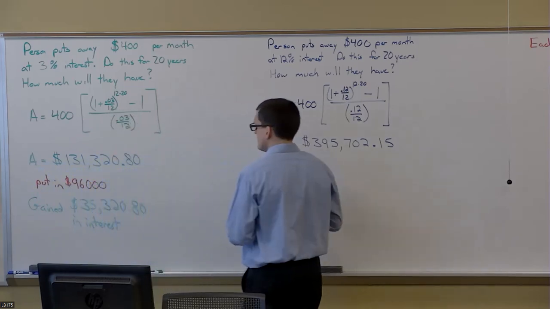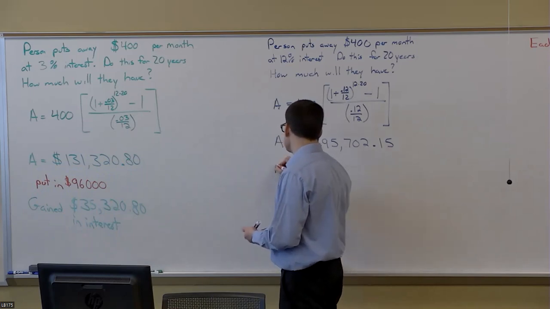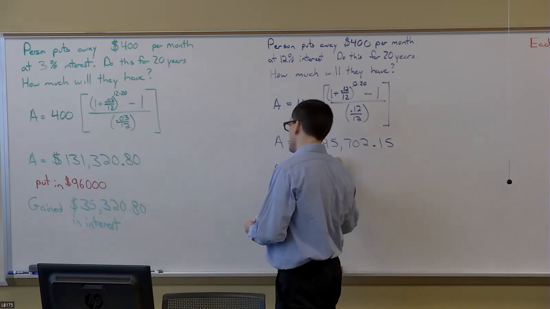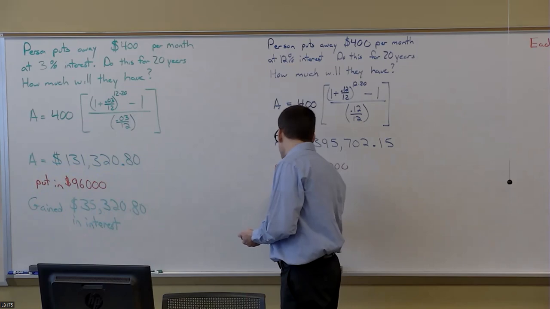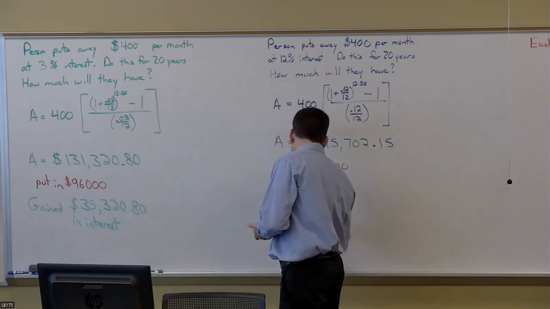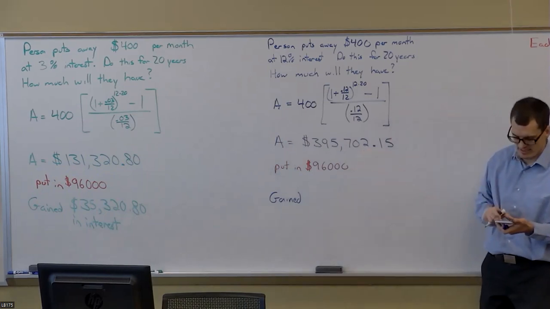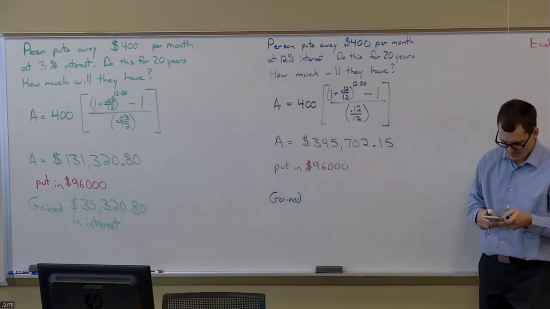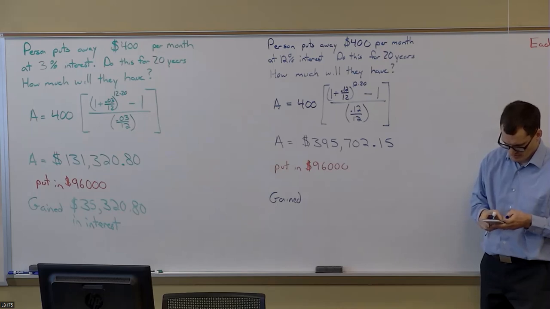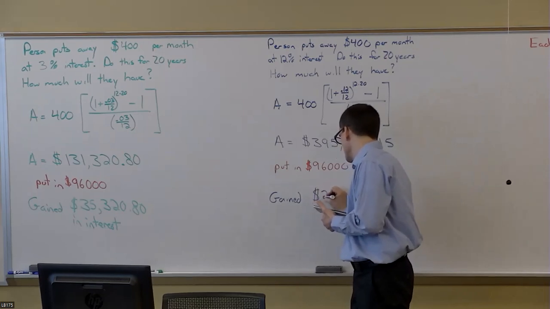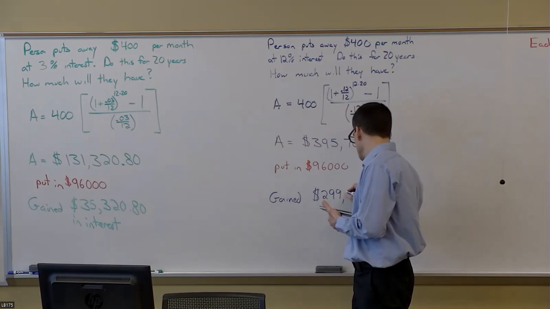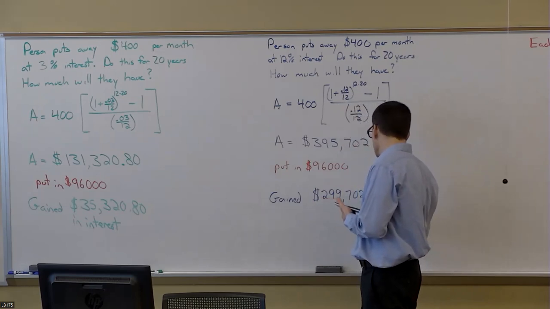The second person also put in $96,000. And that person gained, well, this minus 96,000, $299,702.15.